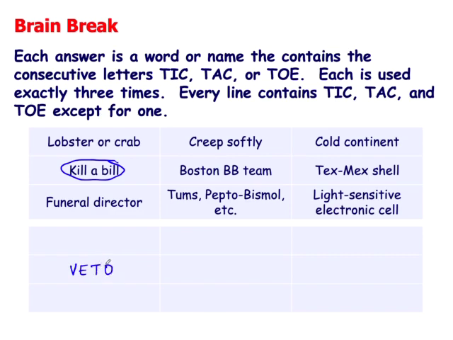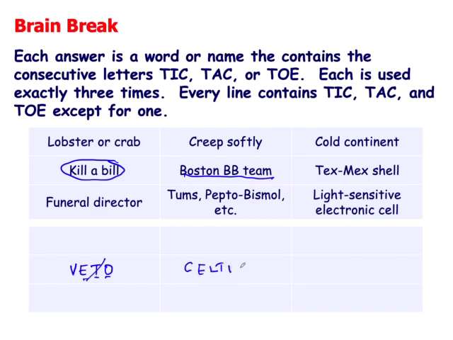Wait a second. It doesn't actually have toe in it. I thought it had toe because I had these. I may be wrong on that one. Let's see. Oh, okay, let me do this one then. Boston basketball team is definitely the Celtics. Does that work?